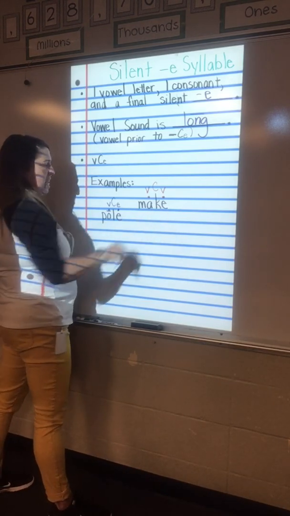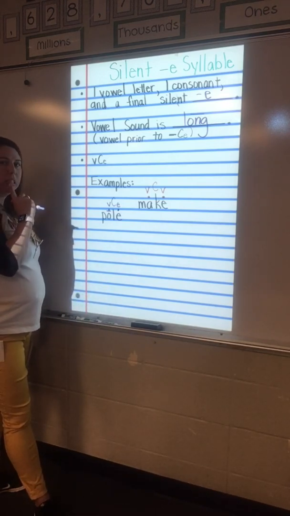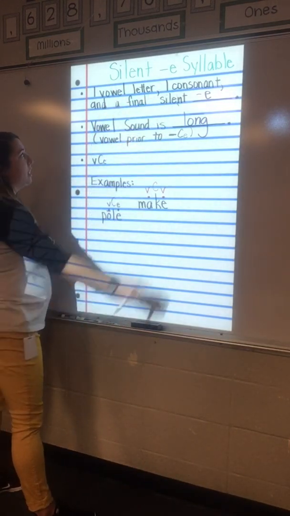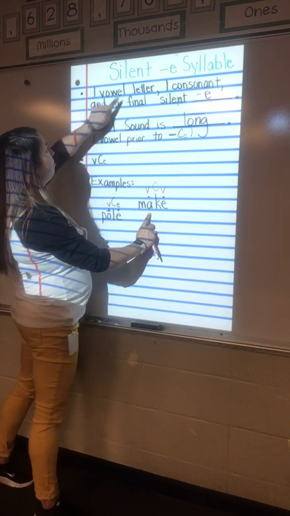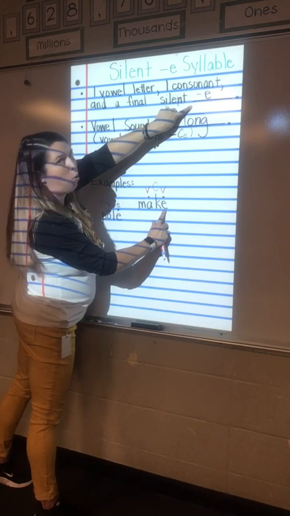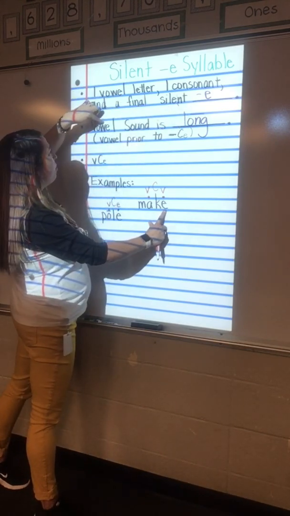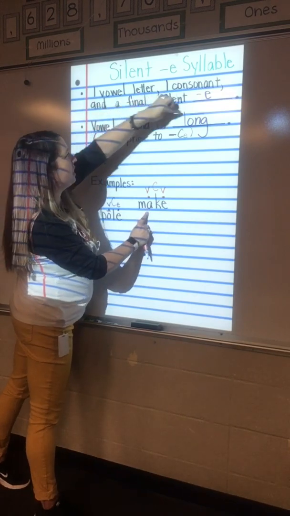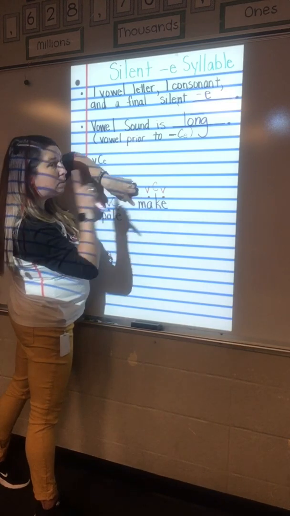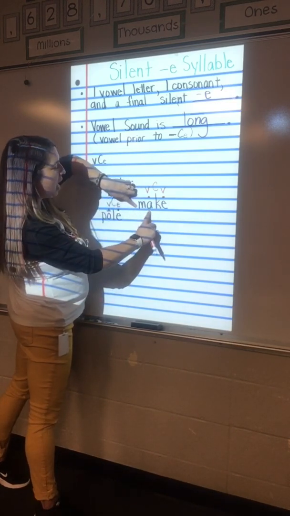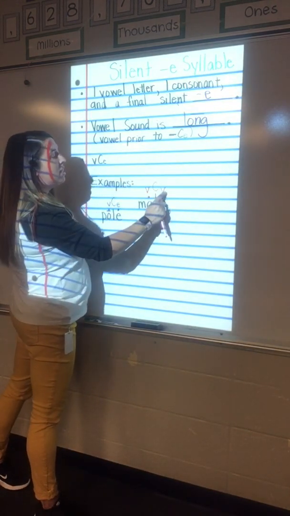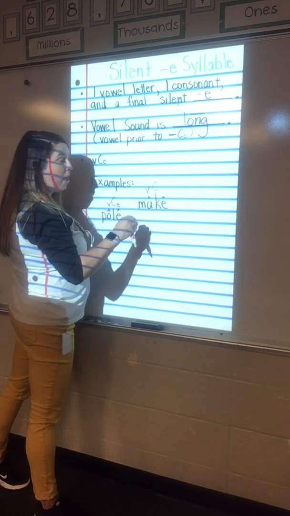M-A-K-E, mack-E. Ooh, that does not sound like a word I know. So let's try it and see if it follows our silent E. Let's see if we can recognize it. So it's one vowel letter, one consonant letter, and a final silent E. Ooh. Okay. So that final E makes the vowel sound long. So let's try the long one. M-A-K. Put it together, it says what word? Make.